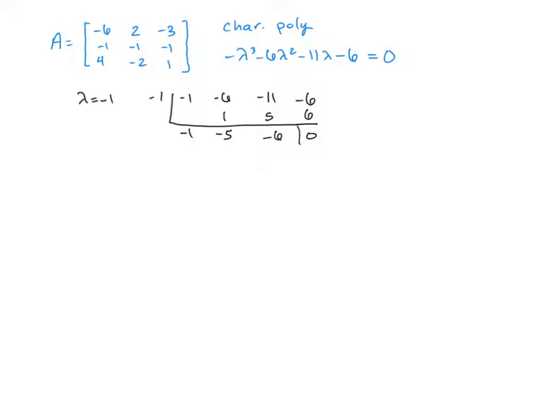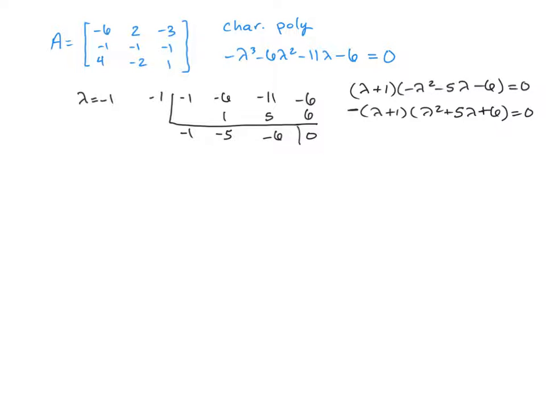So we know that our polynomial is going to have a lambda plus 1 as a factor because the -1 is a root. And then we're going to have a negative lambda squared minus 5 lambda minus 6 is equal to 0, which factors as a negative lambda plus 1 lambda squared plus 5 lambda plus 6 equals 0.